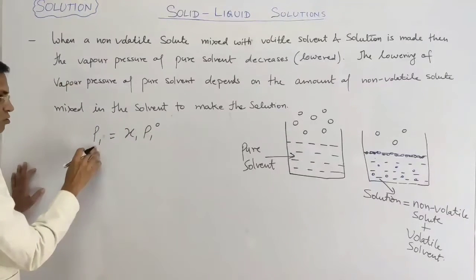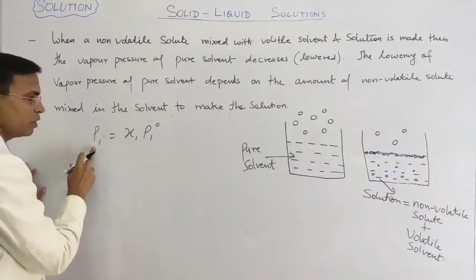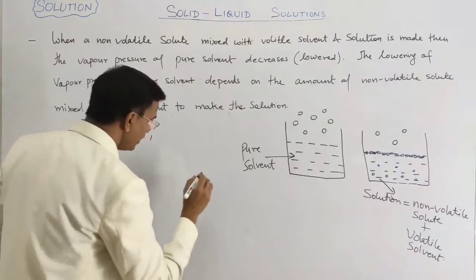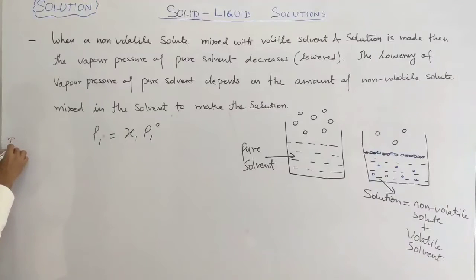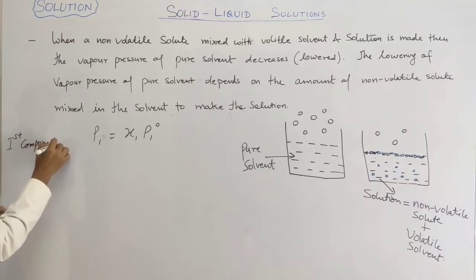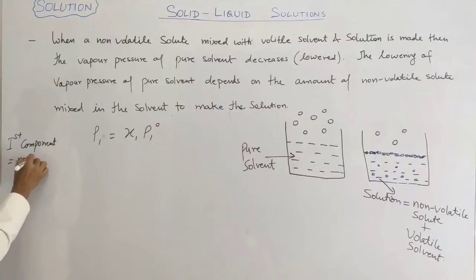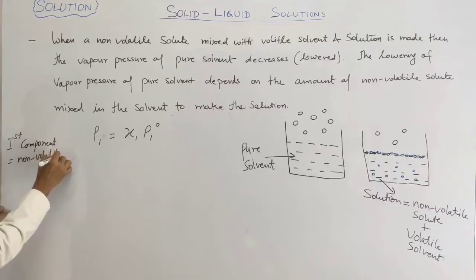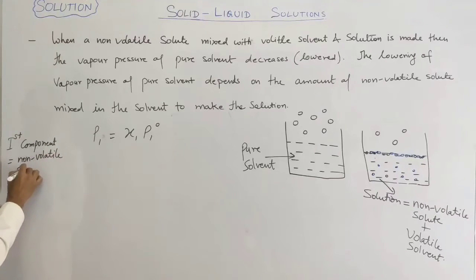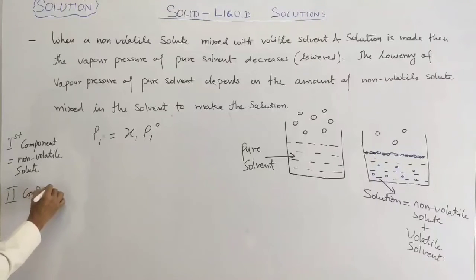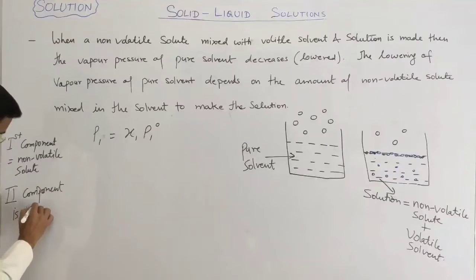Now suppose the first component is the solvent and the second component is the solute. Here suppose the first component is the non-volatile solute and the second component is the volatile solvent.